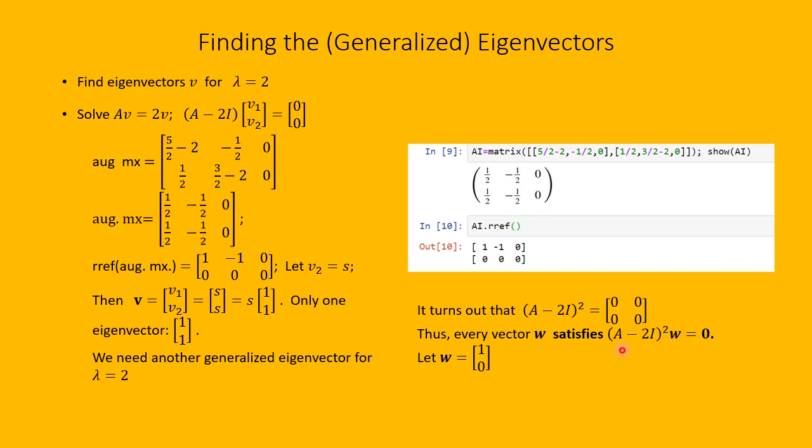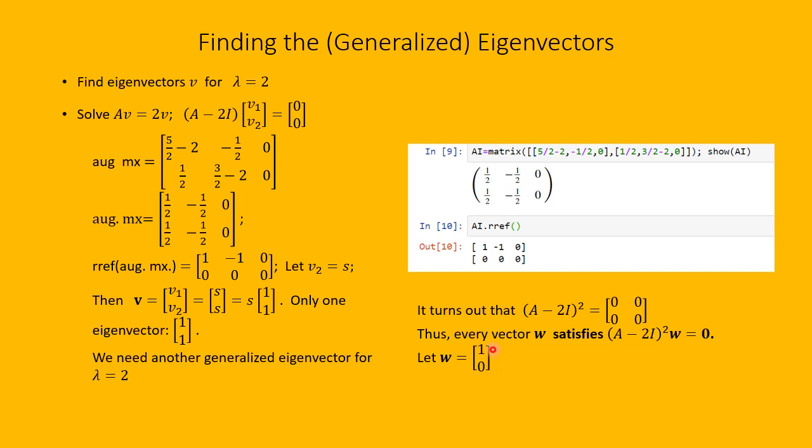So we can pick anything under the sun, any two-element vector under the sun, as long as it's not a multiple of (1, 1), because we're looking for two vectors that are linearly independent. So I will pick W equal to the vector (1, 0). You could have picked almost anything.